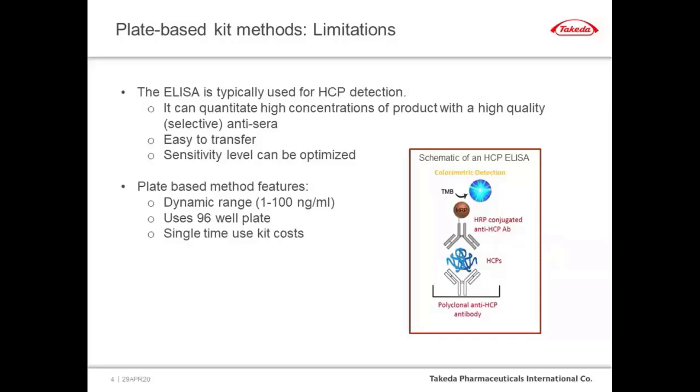And it uses all pre-coated 96-well plates. So if you happen to run a lot of samples, or if you have a lot of replicates that don't fit in one plate, then you're dependent on using a second or third plate or kit.